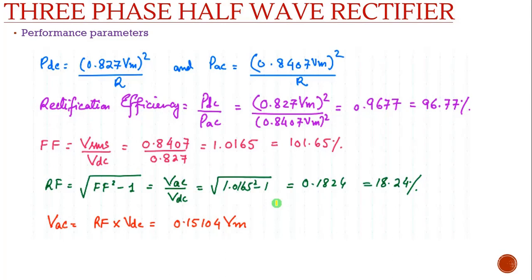So this is all about the 3-phase half wave rectifier. I explained this 3-phase half wave rectifier for explaining the 3-phase full bridge rectifier. With this I am concluding this lecture.